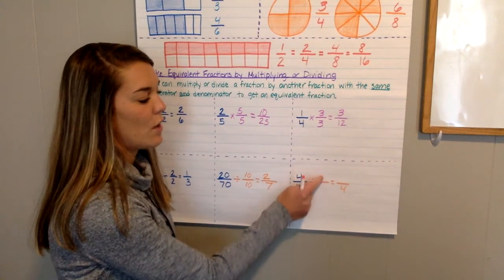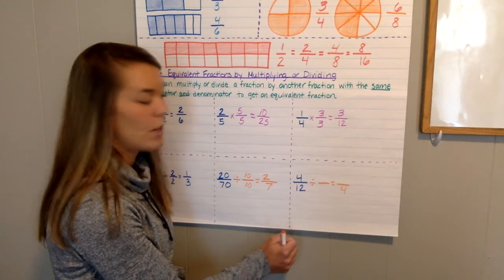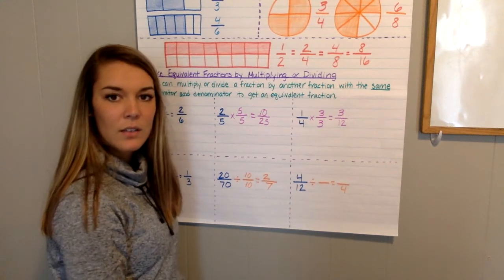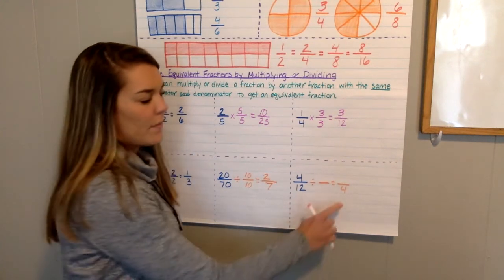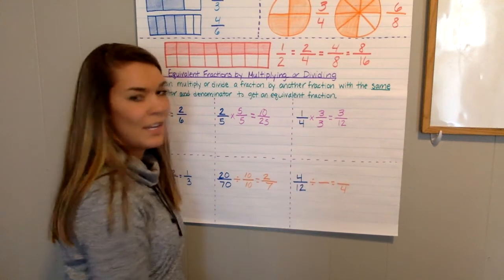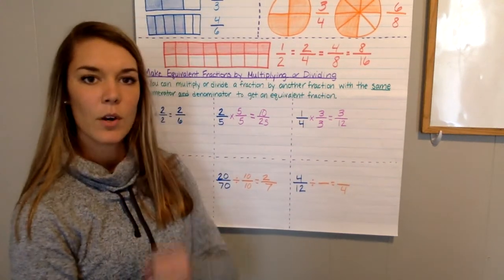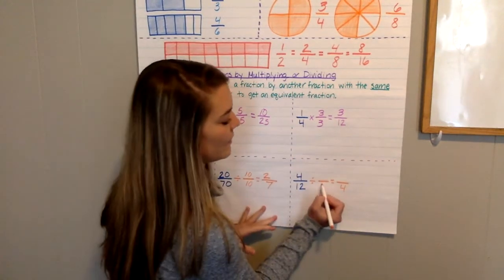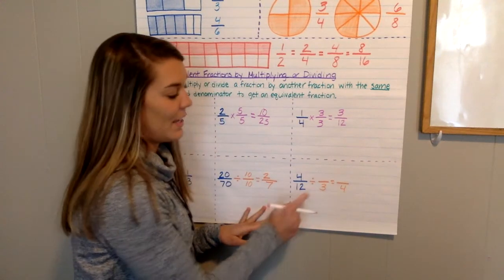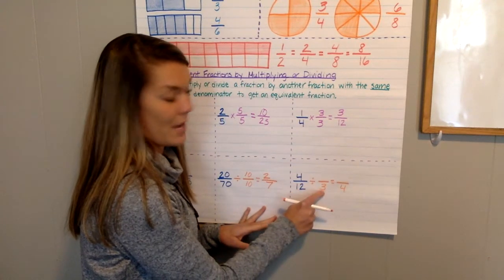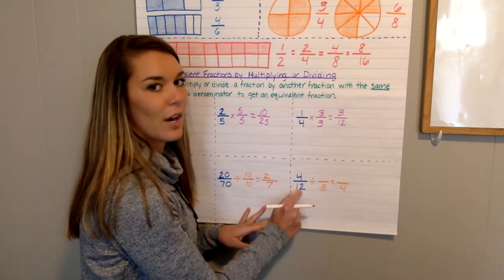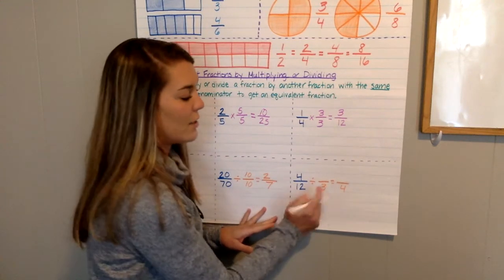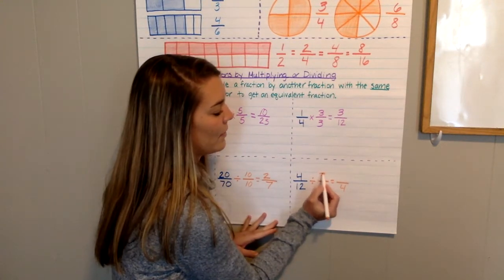I know these two numbers need to be the same, so I'm wondering 12 divided by what gives me 4? I could also think about 4 times what is 12. If I count by 4s, 4, 8, 12. Oh, 4 times 3 is 12, right? So that means 12 divided by 3 is 4, okay? Whatever I do to the bottom, I must do to the top.